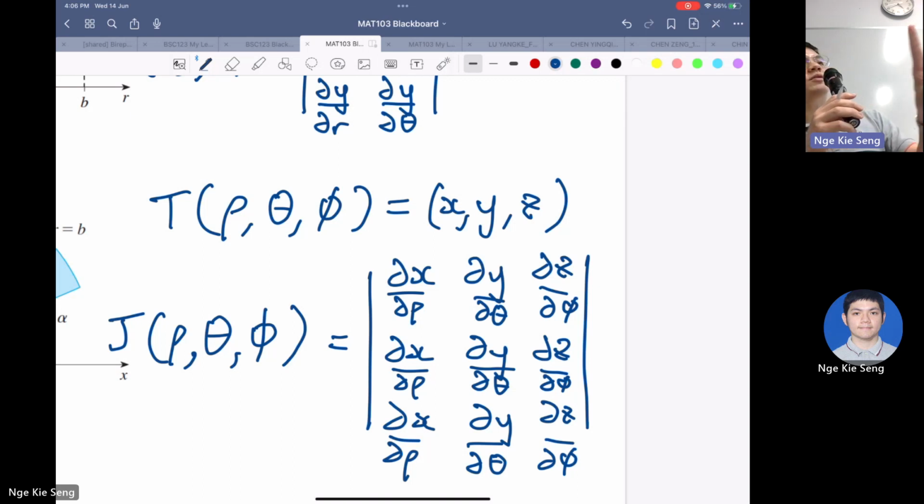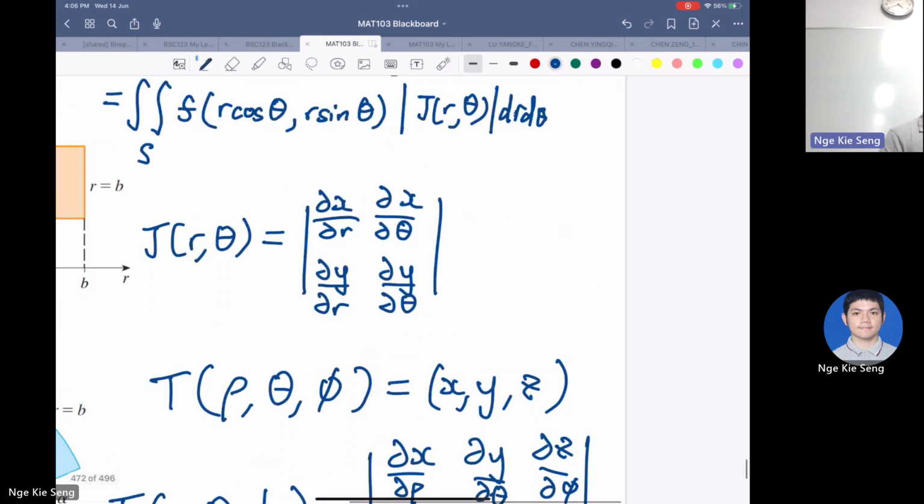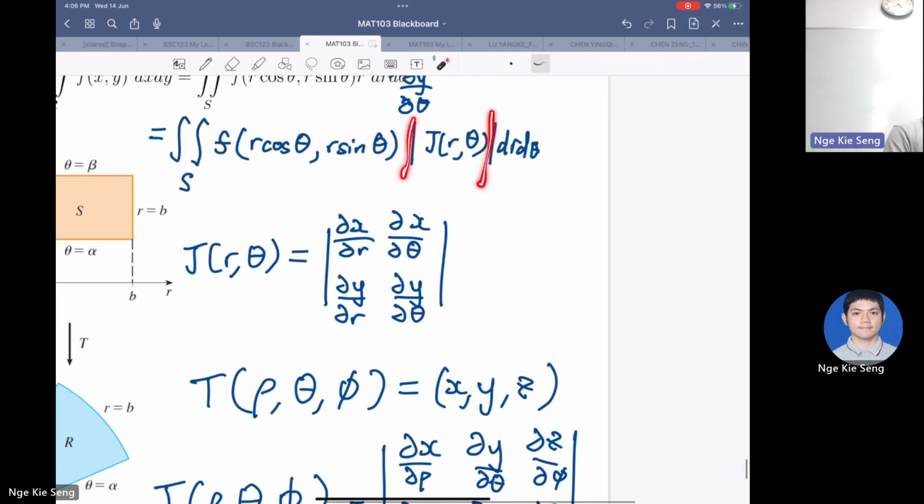There are three basic operations in linear algebra, and one of them introduces a sign change. But as was said, there is an absolute value sign here, and this absolute value will take care of the negative sign change.